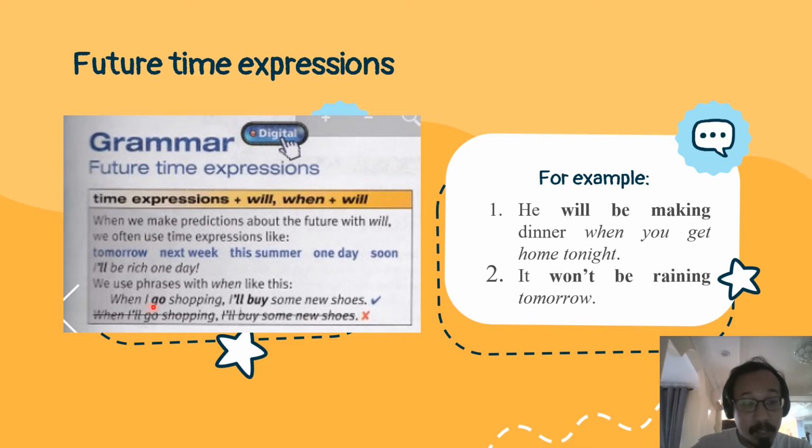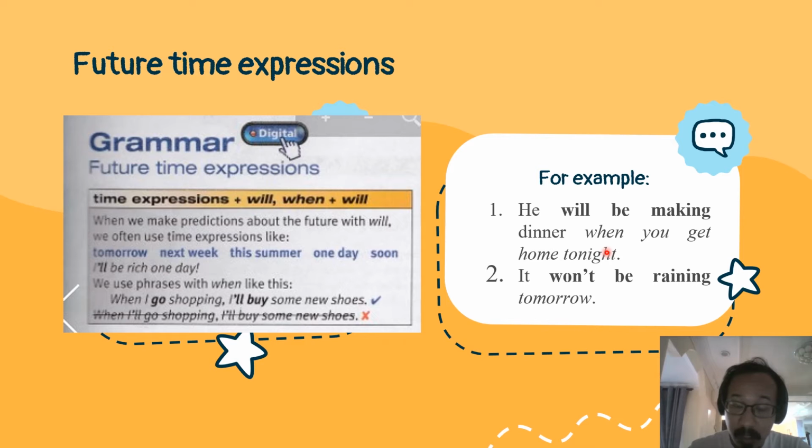After the when, your main verb should be in its base form. When I go shopping, you don't say when I going shopping. No. Or you don't say when I went shopping. No. It has to be when I go shopping, I'll buy some new shoes. These are some of the examples that I have. You will be making dinner when you get home tonight. So we know that tonight he will be making dinner.